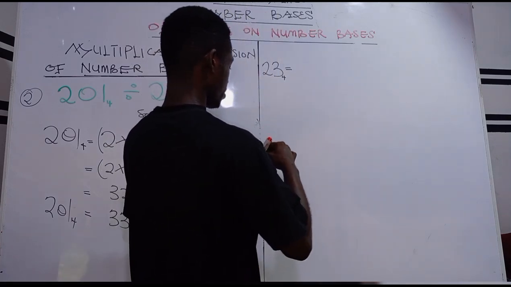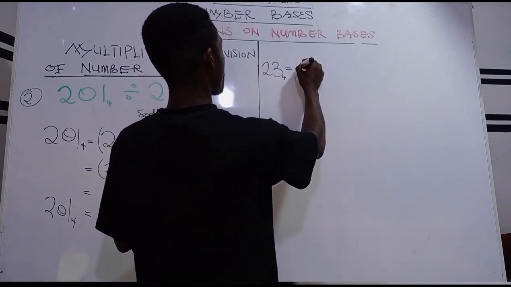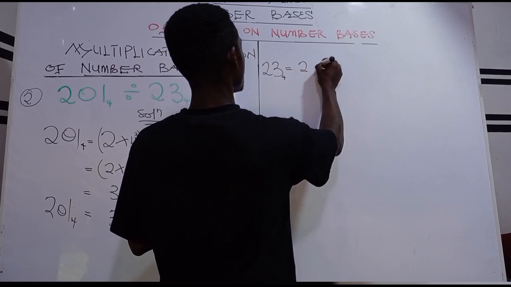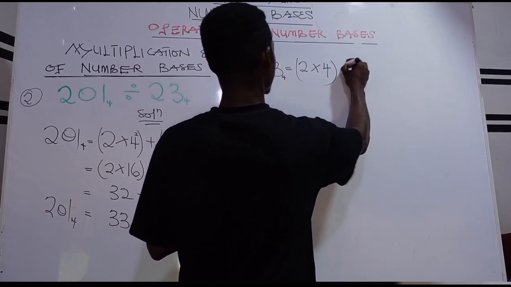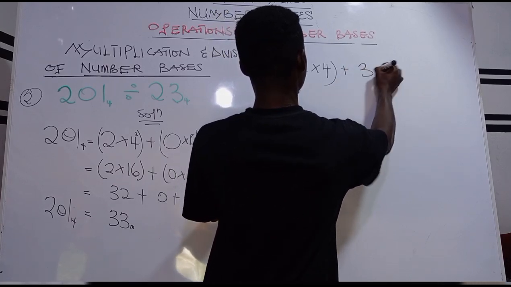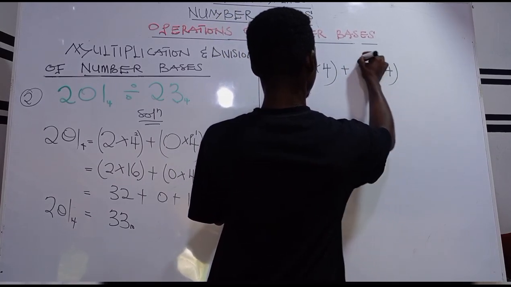We have 2 multiplying the base plus 3 multiplying the base.